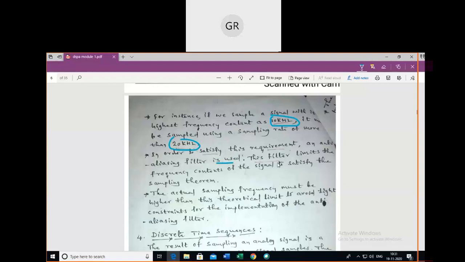This filter limits the frequency contents of the signal to satisfy the sampling theorem. The actual sampling frequency must be higher than this theoretical limit to avoid tight constraints for the implementation of the anti-aliasing filter.